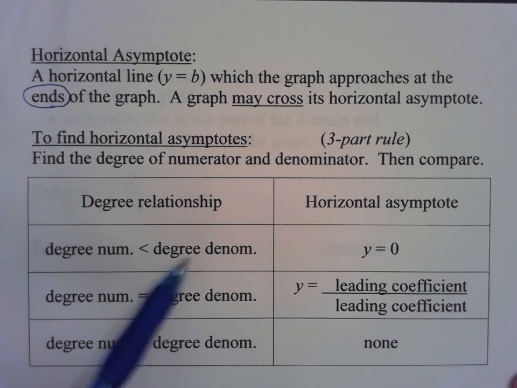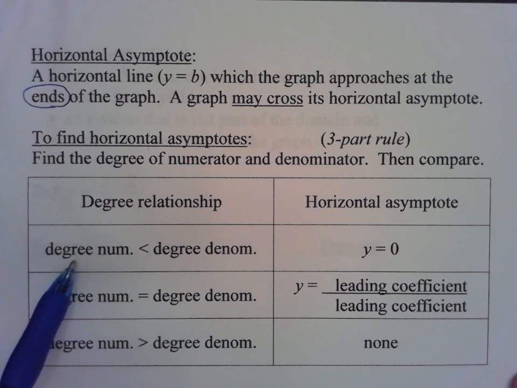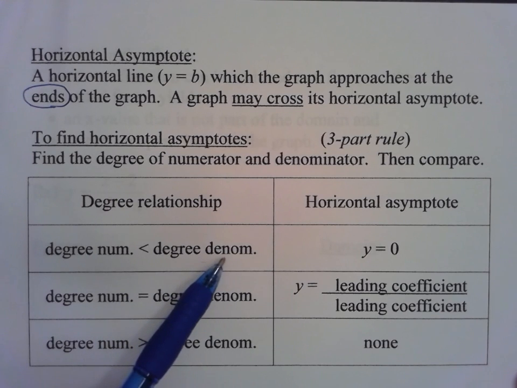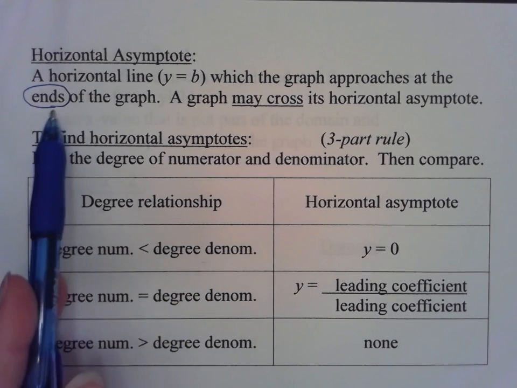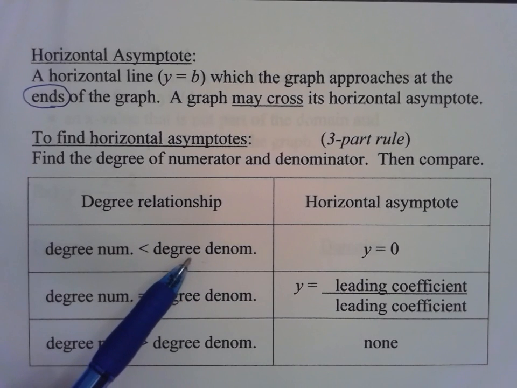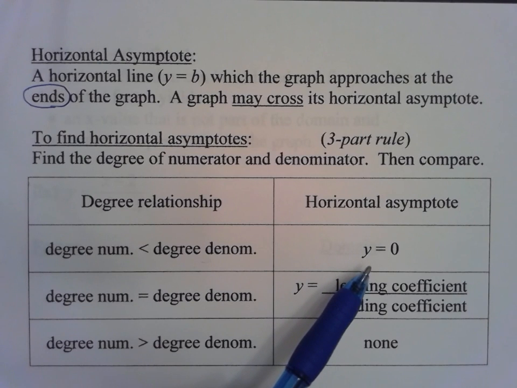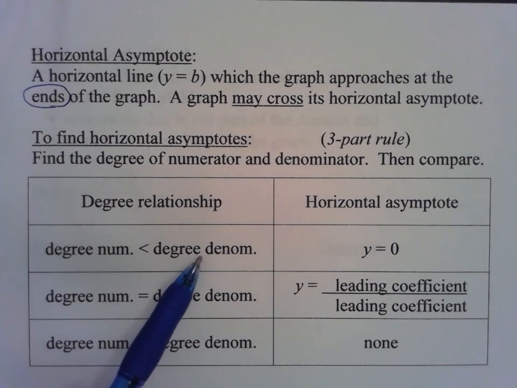If the degree, the highest exponent in the numerator, is smaller than the highest exponent in the denominator, so the denominator has the bigger exponent, then as x gets really big, because we're talking about the ends of the graph, the denominator grows faster. And when we're dividing by something that's bigger, we get smaller and smaller, and we taper off at 0. So the horizontal asymptote would be at 0. That's when the bottom wins, right? The numerator is smaller than the denominator.